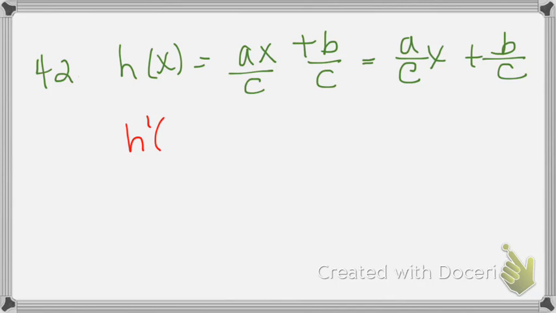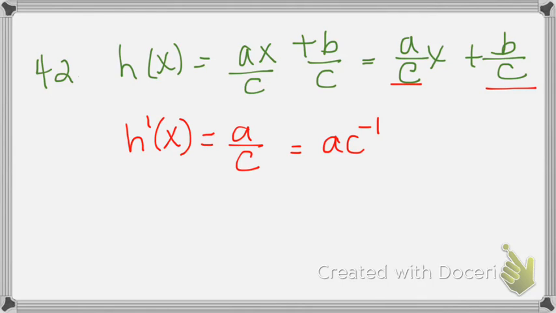I think it's easier to figure out what the derivative is, but you can do it how you want. The derivative of a number, because a over c is a number, times x is the number. The derivative of b over c is 0 because b and c are both numbers. It is okay if you write a c to the negative 1. If you do it that way, you still might have it written that way instead.